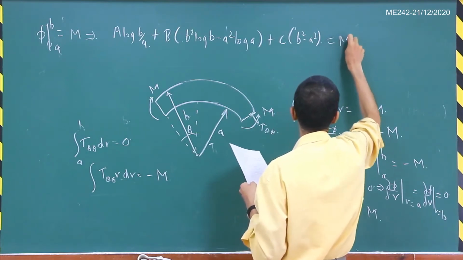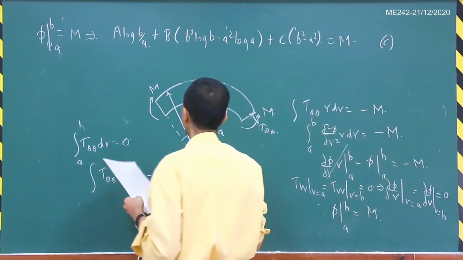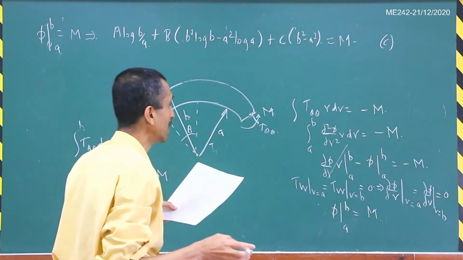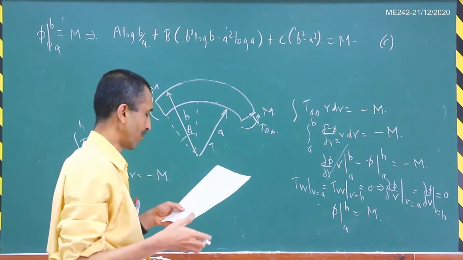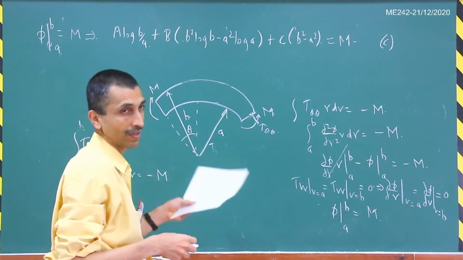So this is actually equation C. Okay, so now we have these three constants A, B, C. So we can solve for these three constants using these three equations A, B, and C.